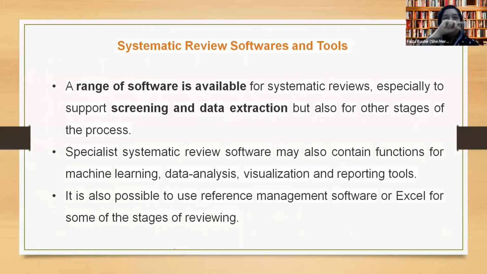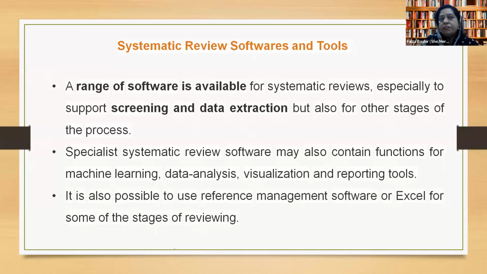There are so many software and tools available, especially to support screening and data extraction, but also for the other stages as well. Normally, software and tools are used for screening and data extraction while conducting systematic literature reviews.